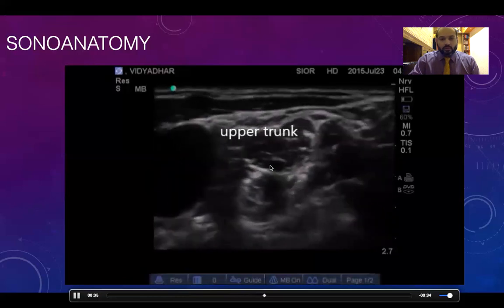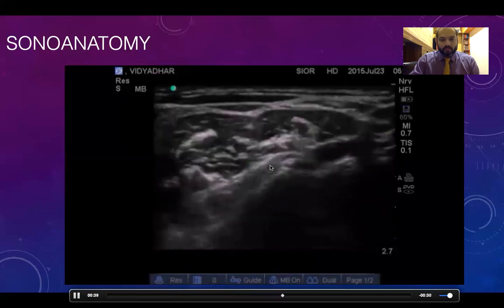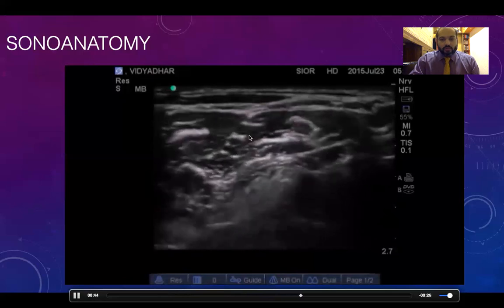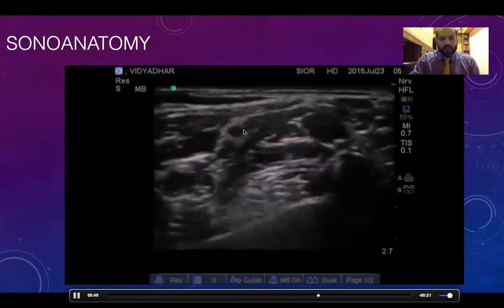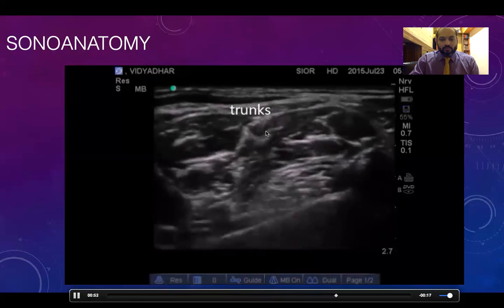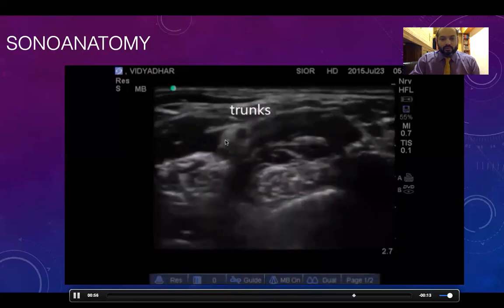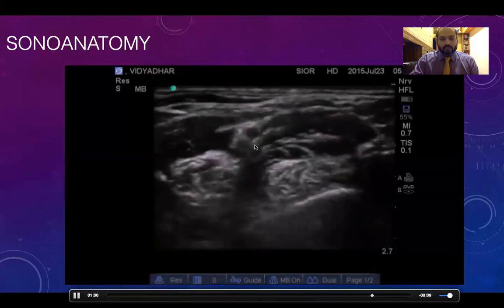And if you refine your scan by either sliding or tilting the probe, which are refining skills, you can see the nerve trunks appear as they are arranged as sticks stacked one above the other. Now this appearance looks like a traffic signal, so this is also known as a traffic signal sign.